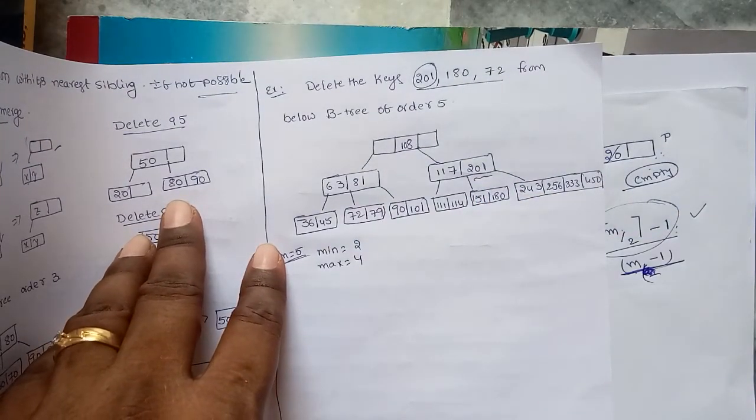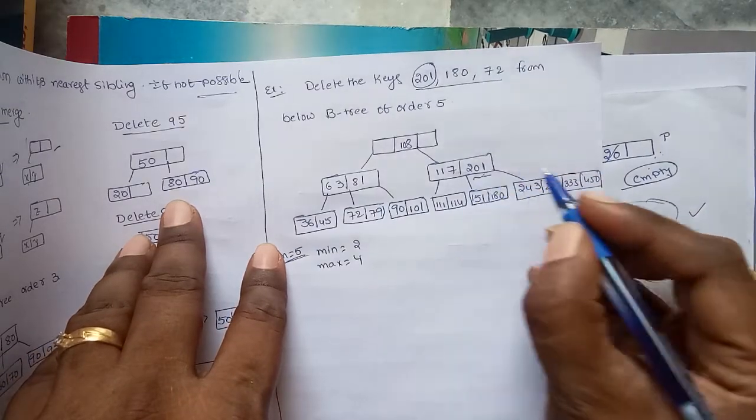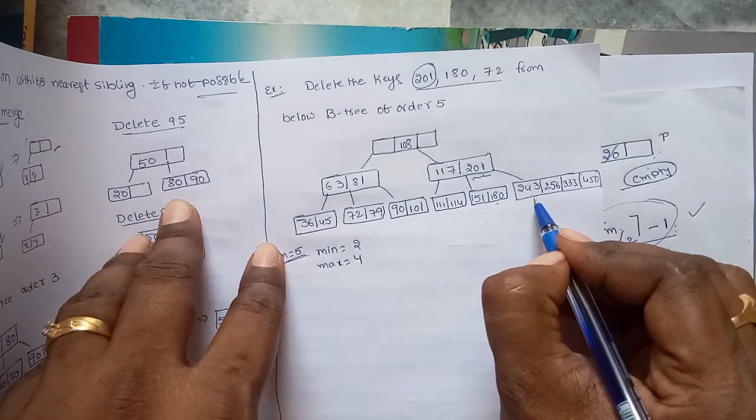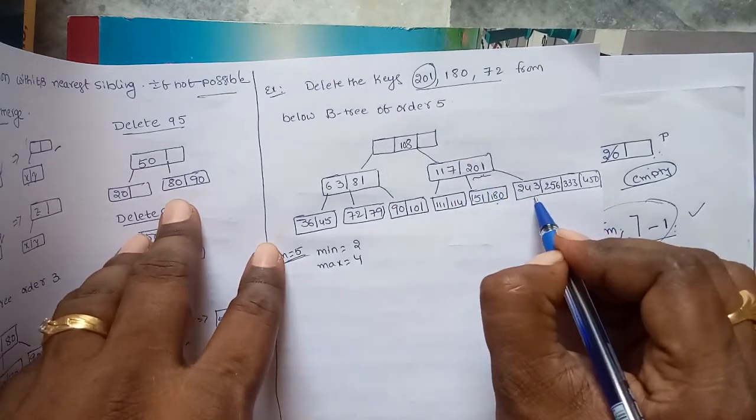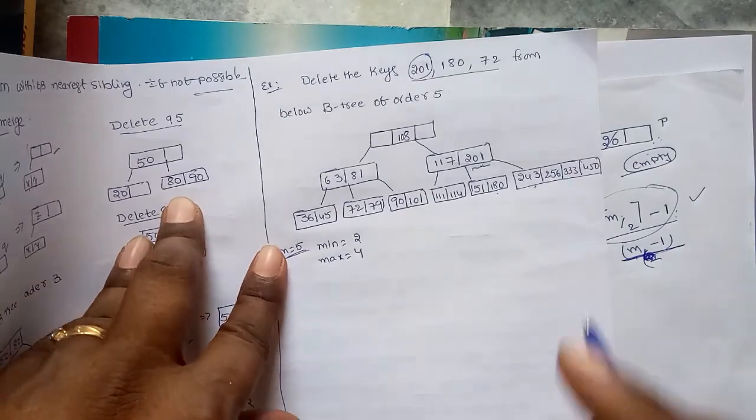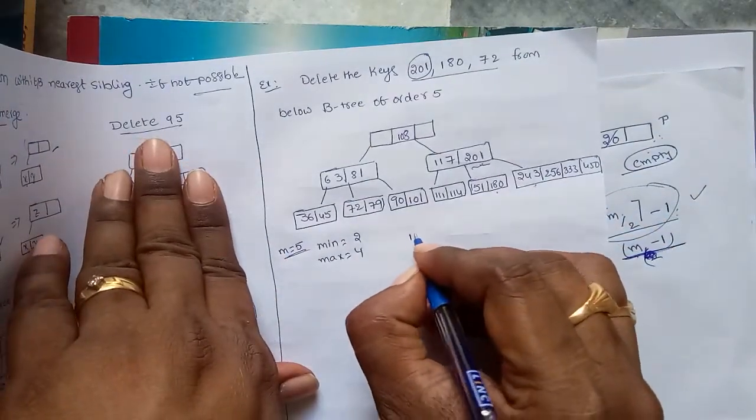Coming to case 2. What do you do? Replace 201 with 180 or replace 201 with 243. Suppose if you are replacing 201 with 243, then what is the tree?